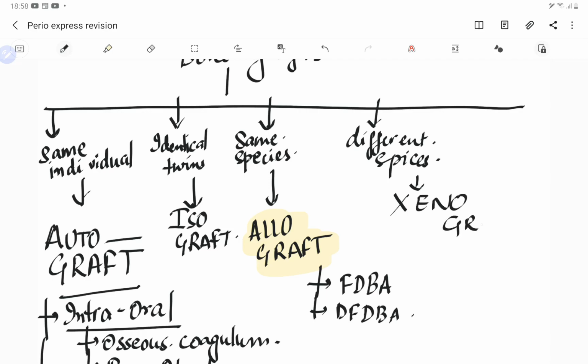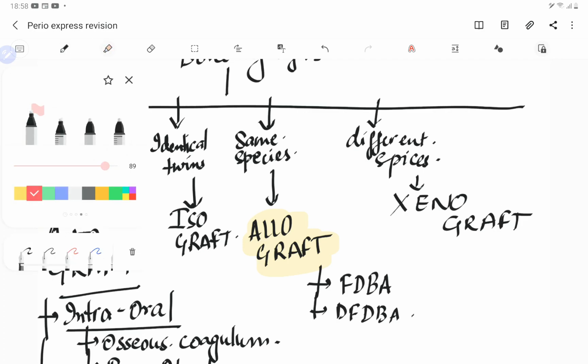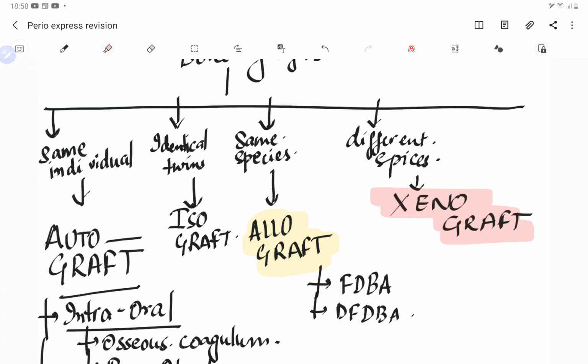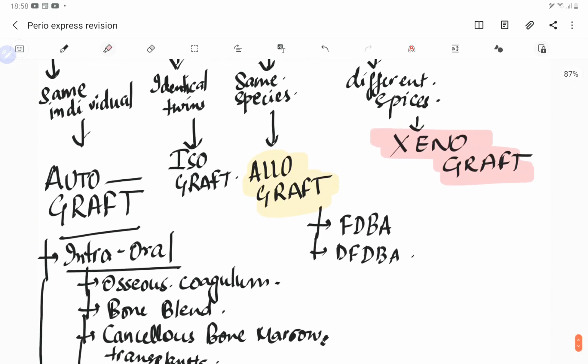Xenograft is, for example, bovine derived bone, which is the Bio-Oss.